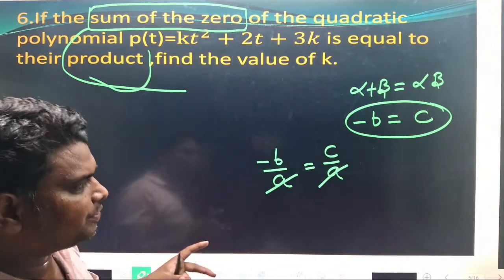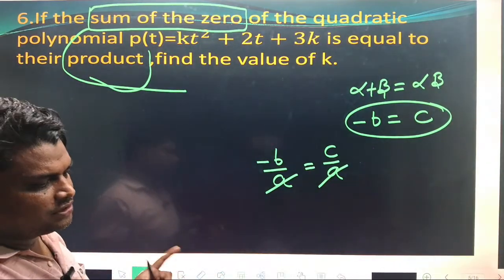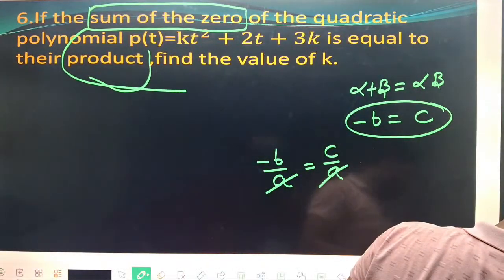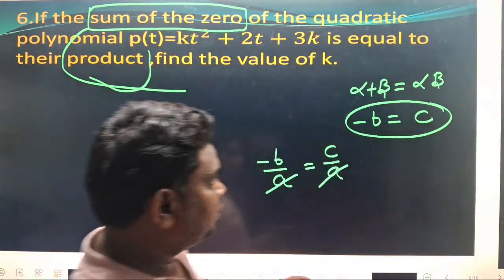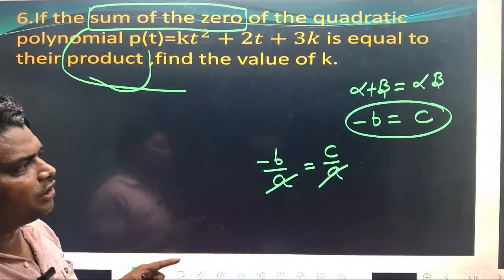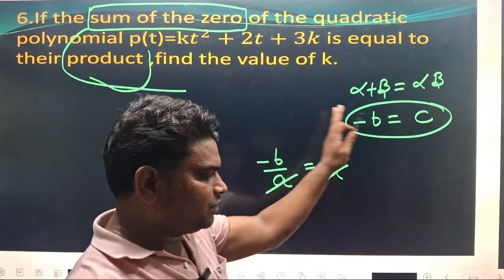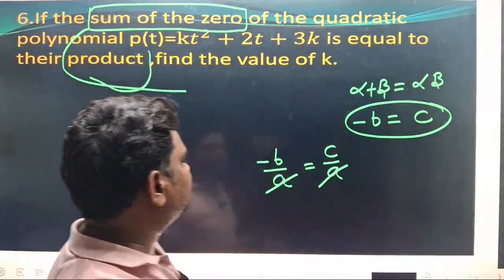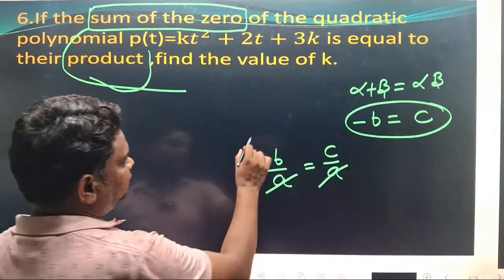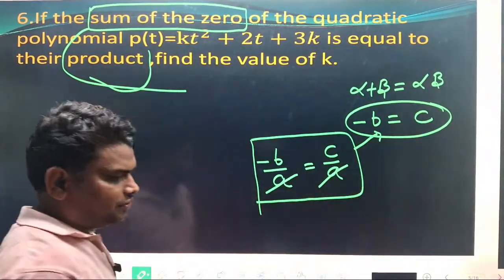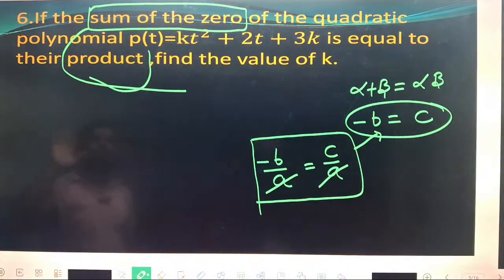In every polynomial where minus b equals c, the sum of zeros and product of zeros are equal. If in any case the sum of zeros and product of zeros are equal, use this relation to find the answer. Now you solve this question.